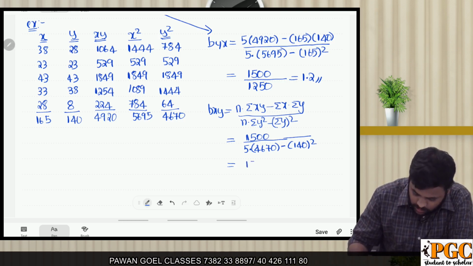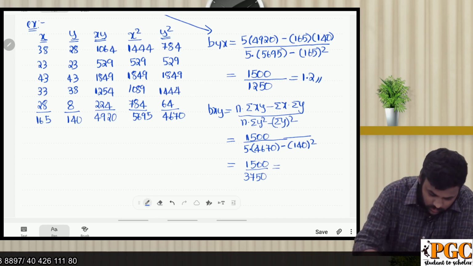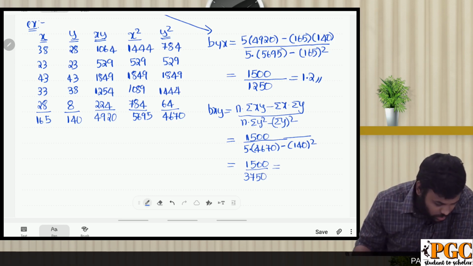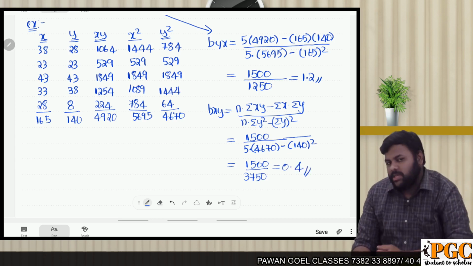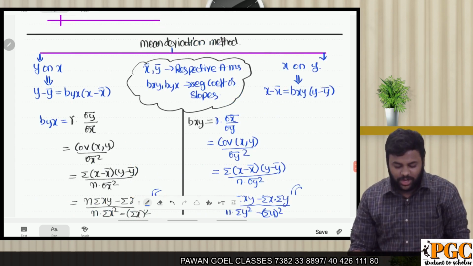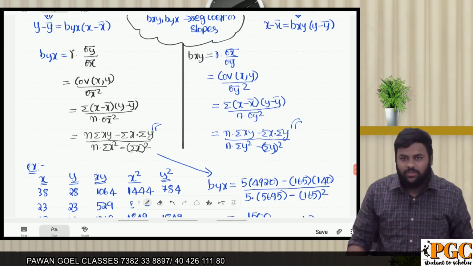Which is supposed to be 1500 divided by 3750, which is supposed to be 0.4, my dear friends. Okay, so I hope the basic point is clear how we are supposed to calculate regression coefficients, right?